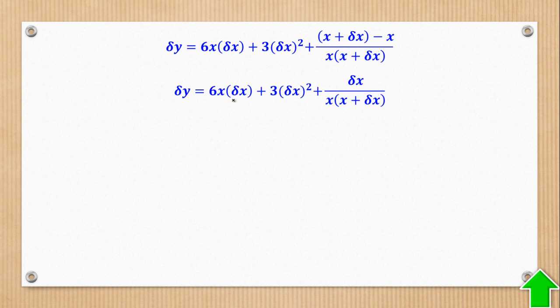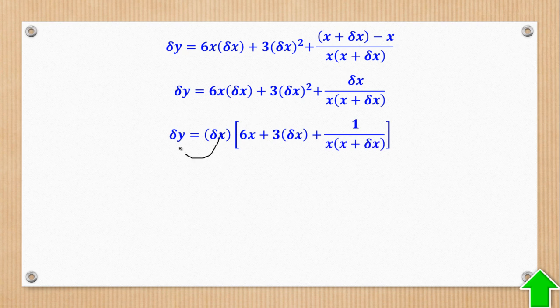Now you realize that there is at least small change in x in each term, so I need to factorize it out. After factorizing it out, I can take it this side to get small change in y over small change in x.